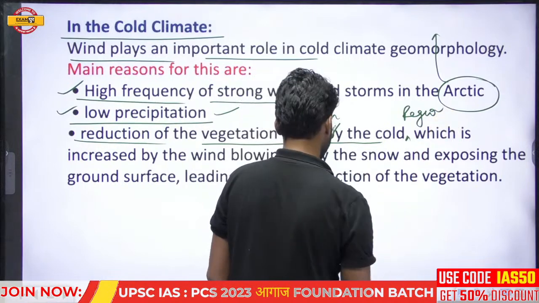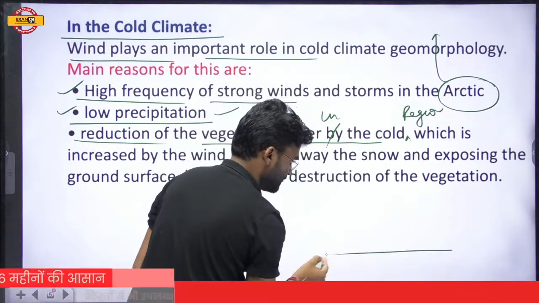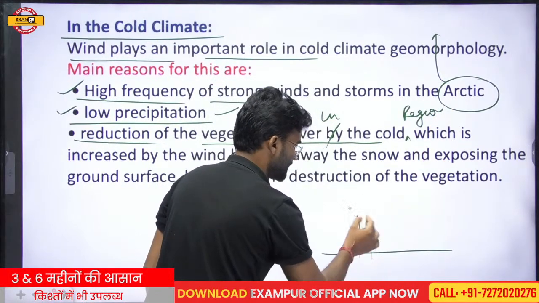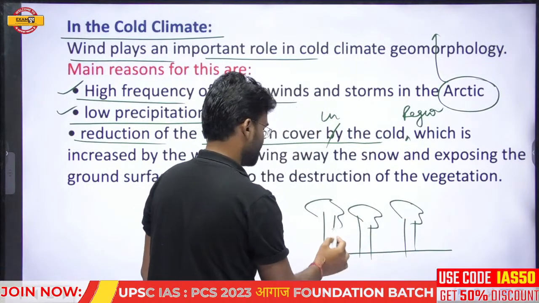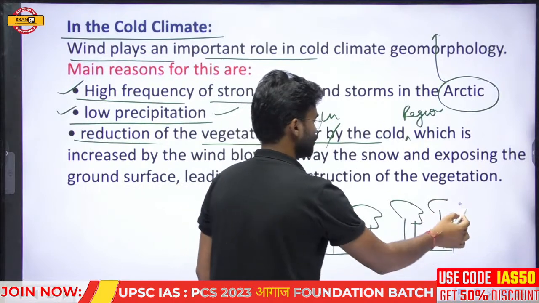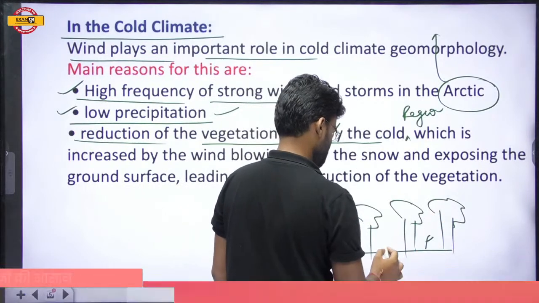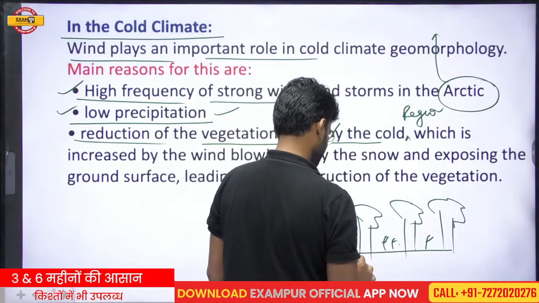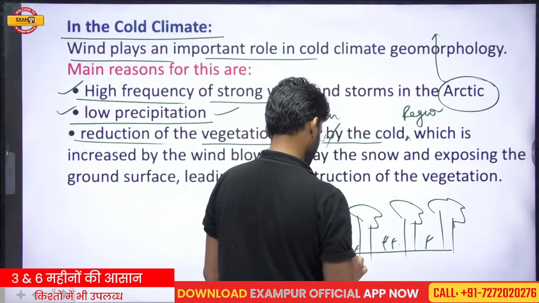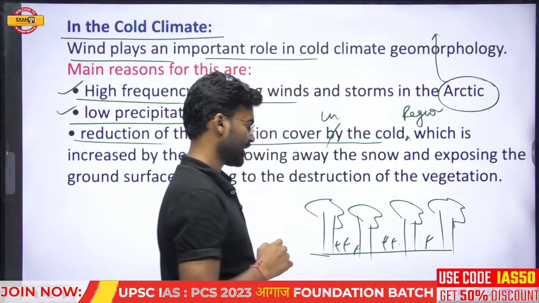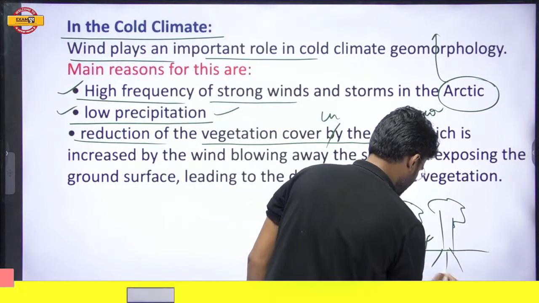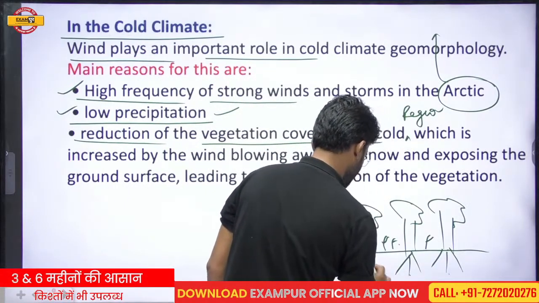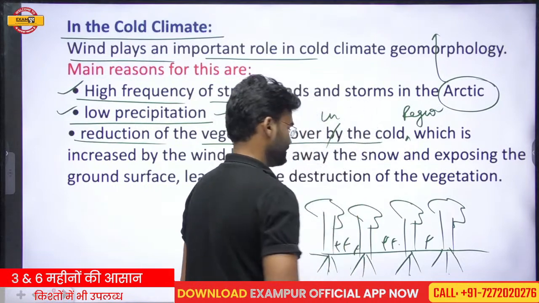Understand here, if any region is covered with vegetation, the roots of the vegetation hold the soil.